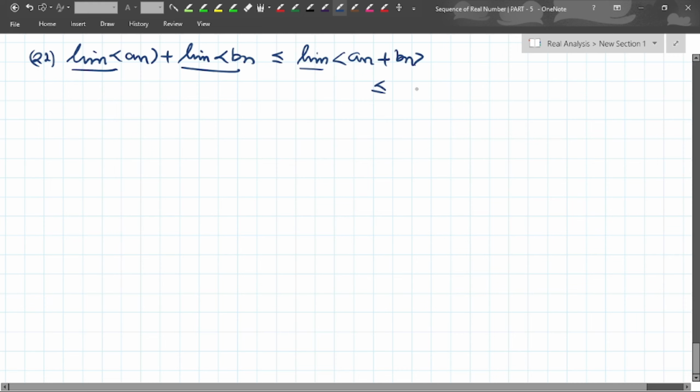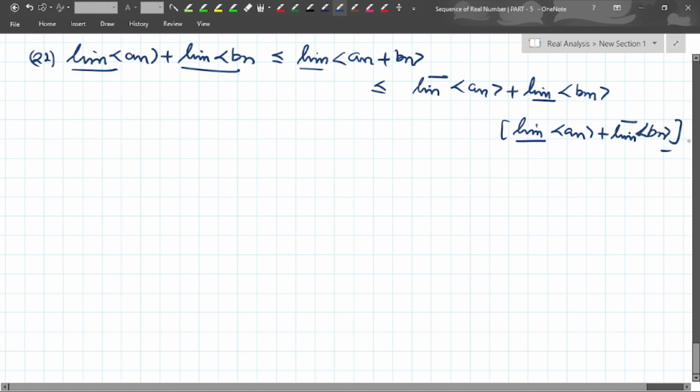Yeah, and less than or equal to, obviously, the limit infimum of an plus the limit supremum of bn. This is the result. So these all are the cases here.